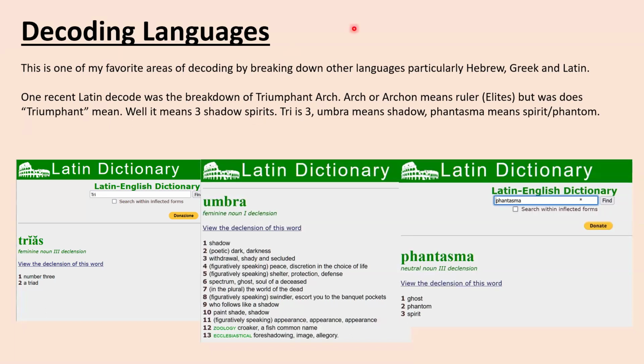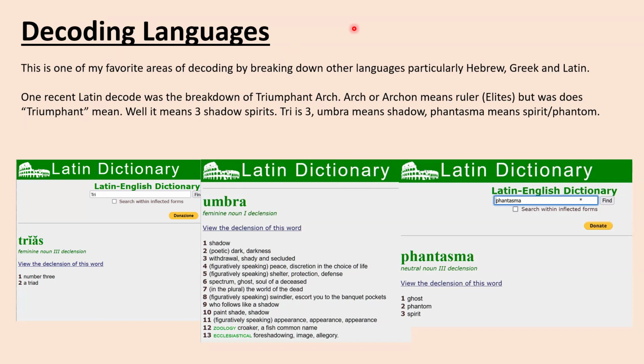Okay, decoding languages. This is one of my favorite areas of decoding, breaking down other languages, particularly Hebrew, Greek, and Latin. One recent Latin decode was the breakdown of triumphant arch. Again, if you looked at my last video, World War III, you'll see triumphant arch has the numbers 170, 181 from memory.